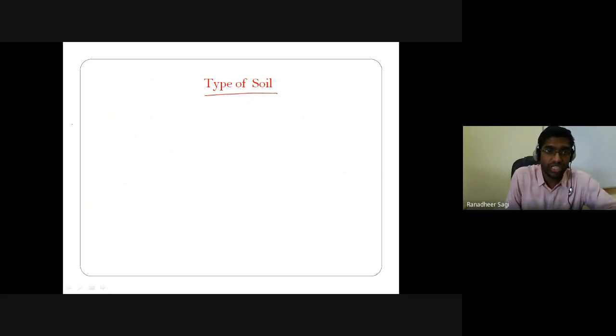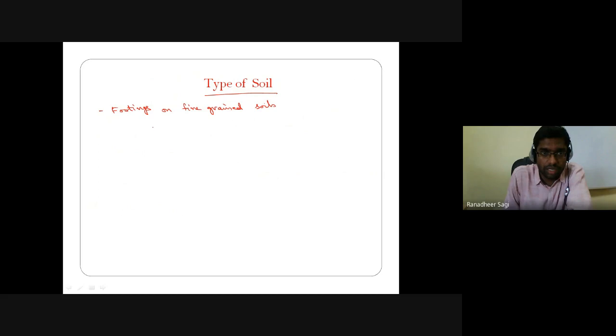Next, depending on the type of soil, how the contact pressure distribution diagram is going to be changing. Let's say I am referring to the case of footings. It can be either your flexible footing or rigid footing. So I am referring to the case of footings on fine grained soils. Fine grained soils in the sense, let's say it's a clayey soil what I am looking at.